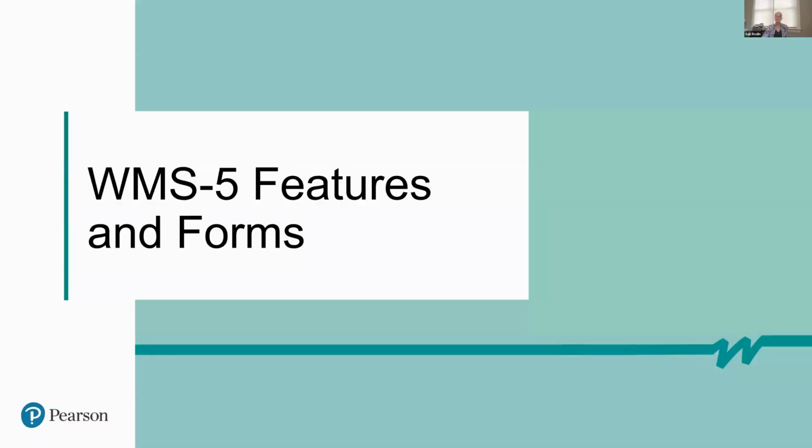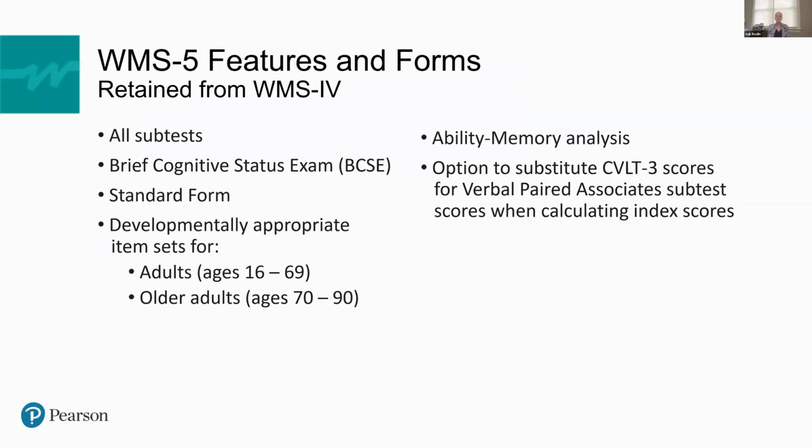Let's start with the features and forms of the new WMS revision. Some features will be familiar to you as they were carried over from WMS 4. These include all of the subtests as well as the brief cognitive status exam, along with the standard form.